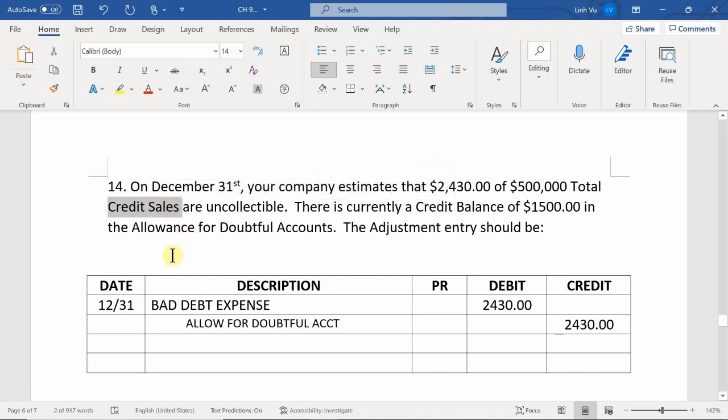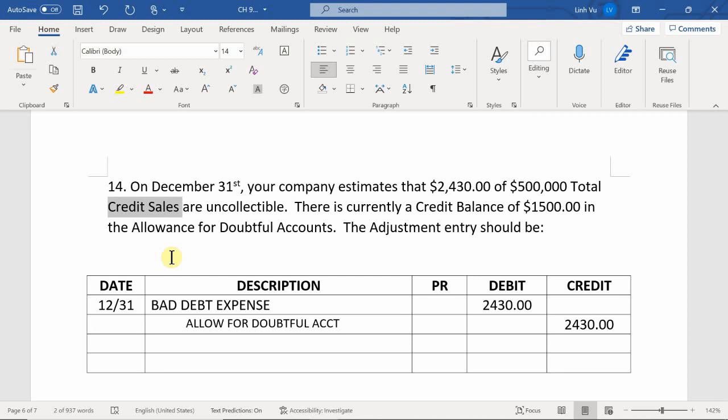Does the account receivable and then the allowance for doubtful accounts appear on the income statement? No, it doesn't, right? Because it's only focused on your revenues and your expenses.